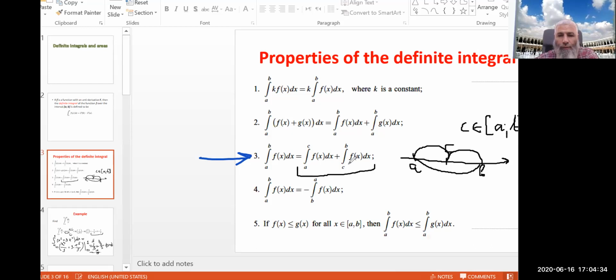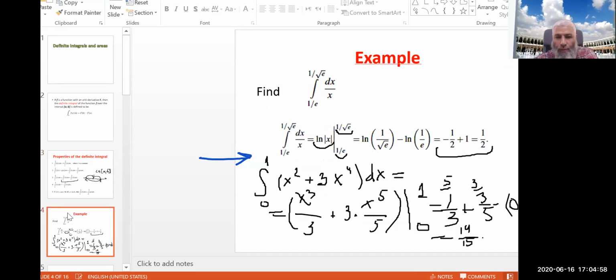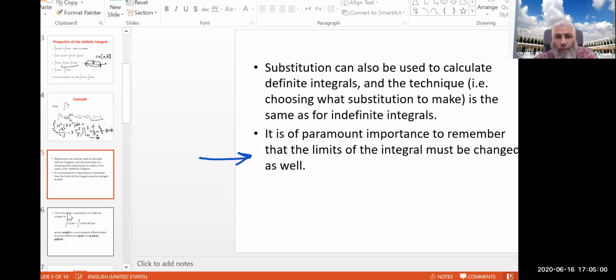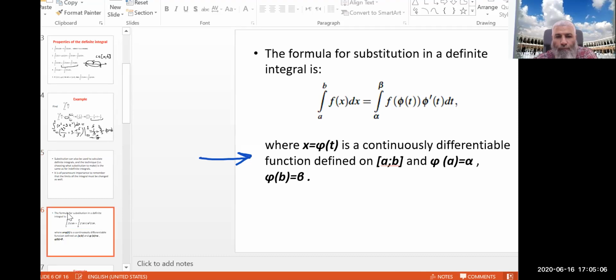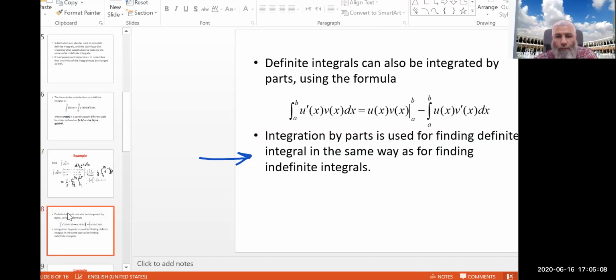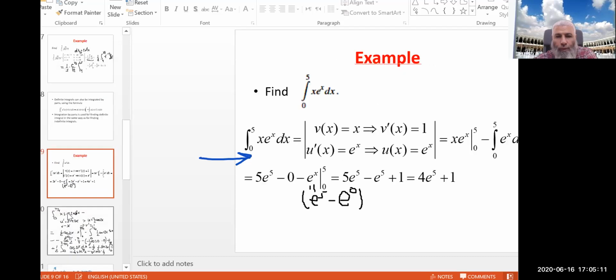Here, part 3, the definite integration, we can make it, instead of from A to B, we can make it from A to C plus from C to B. Because substitution can calculate definite integrals, and the technique of choosing integration by parts.